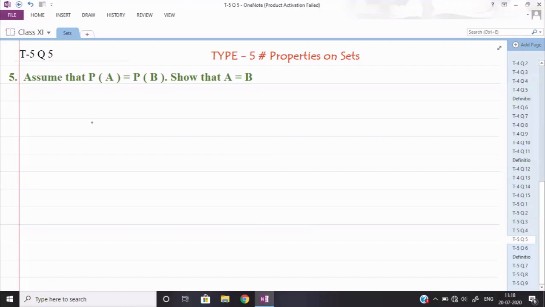Before beginning with this question, first of all I will give you some definitions, or you can say some rules, and then we can start the solution. The first rule I am going to use is this: suppose every element x of A lies in A. Suppose I talk about set A, and some elements are lying in it, maybe 5 elements or 10 elements.